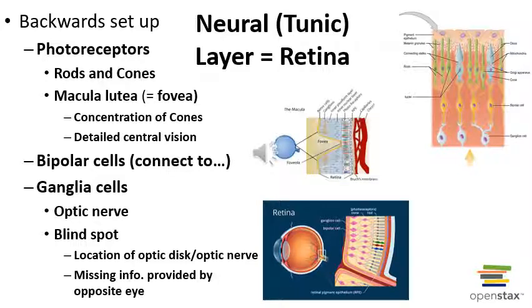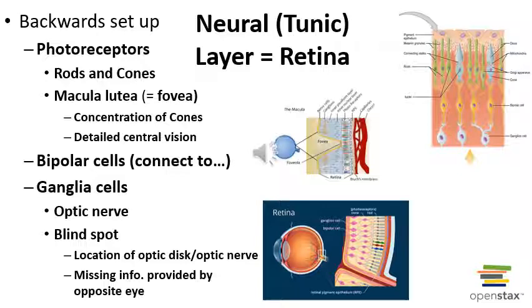So all of this disparate photoreceptor information coming in through all these cones and all these rods connects to bipolar cells that in turn connect to ganglion cells that in turn connect to the optic nerve. And the optic nerve, its physical location represents a blind spot on the retina because obviously there are no photoreceptors where that occurs.